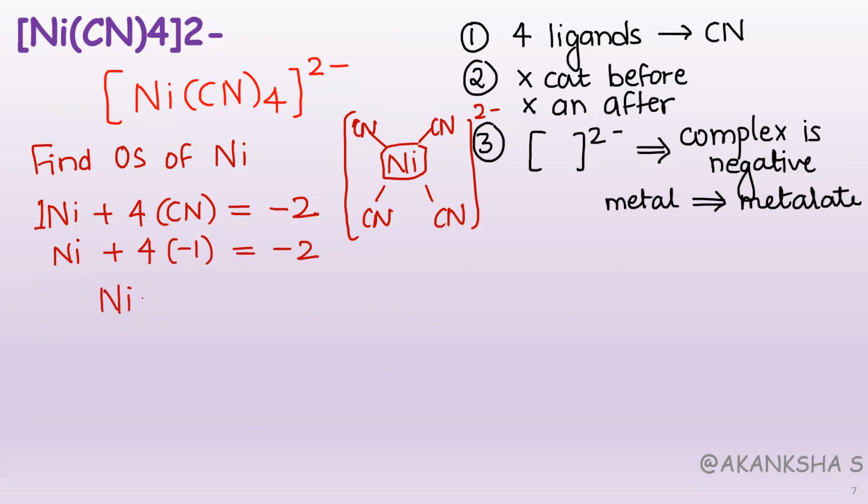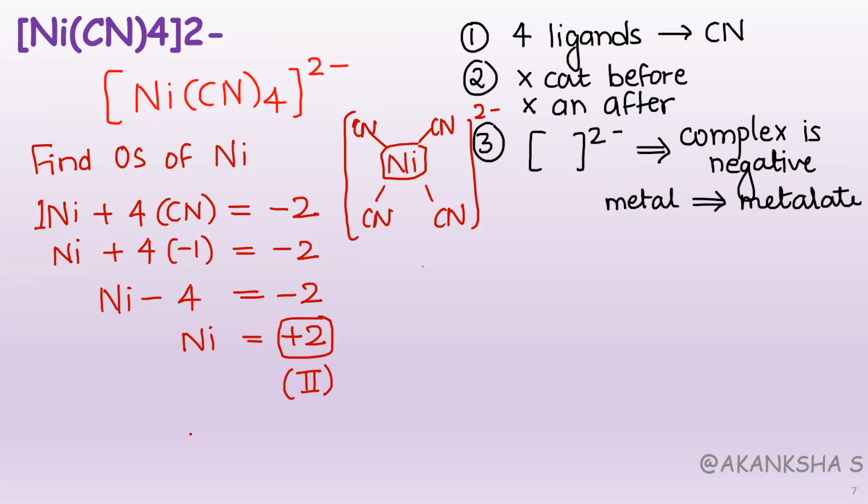So Ni minus 4 equals -2. The -4 goes on the other side, and you get +2. Correct? So this is how we find out the first step, that is the oxidation state of nickel. We are going to represent it in Roman numerals, with a curved bracket, definitely.